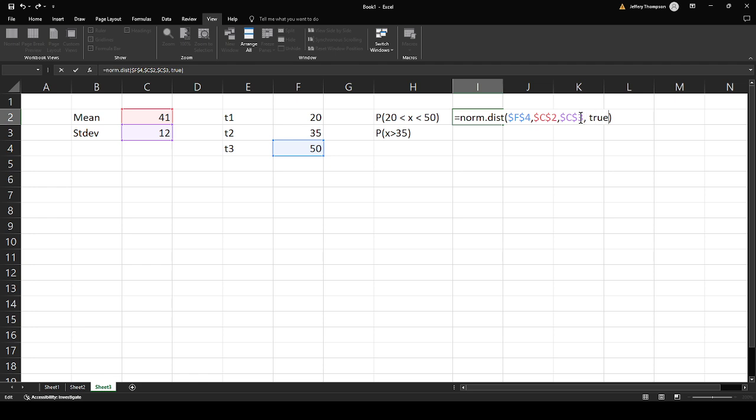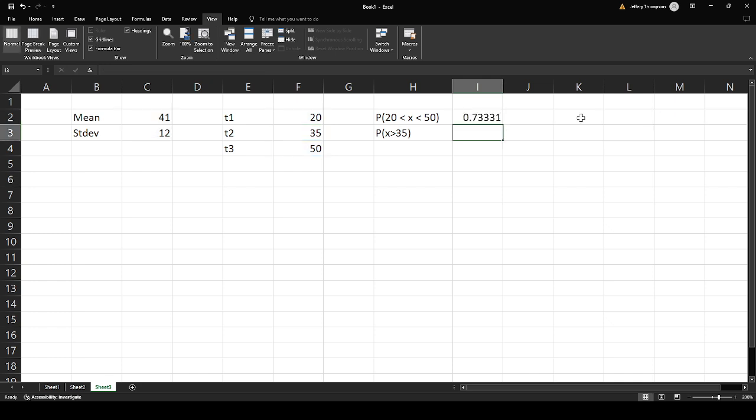So that's my upper value. And now I need to subtract from it the probability of my lower value. So again, we're going to look at F2, because that was the lower boundary. And we'll again put in our mean as C2, our standard deviation as C3, and cumulative will be true.